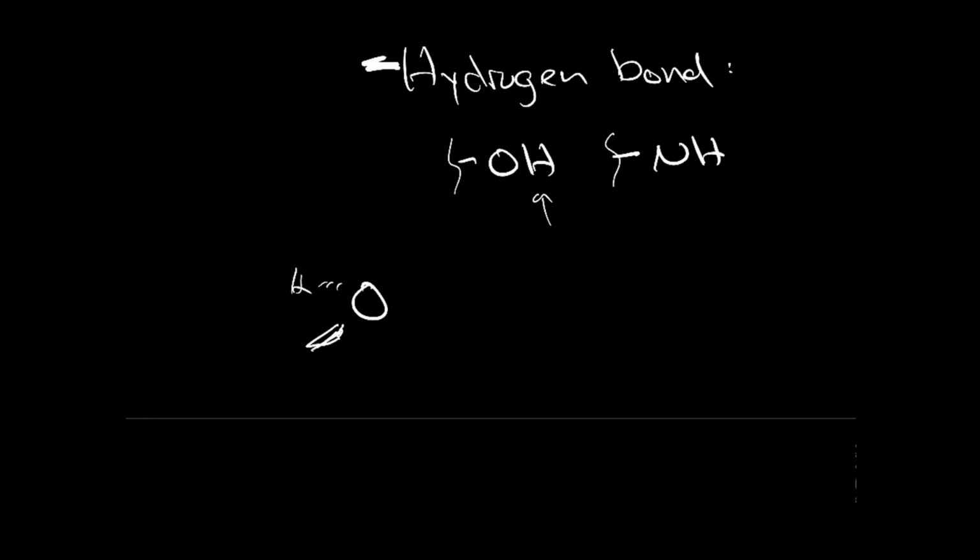If we draw water here, there's a lone pair here, and then there's a lone pair here. And if you're a hydrogen, you're just like, I love oxygen. I'm polyamorous when it comes to oxygen. I will love on any oxygen. And the thing about oxygen, of course, that it likes are those lone pairs.